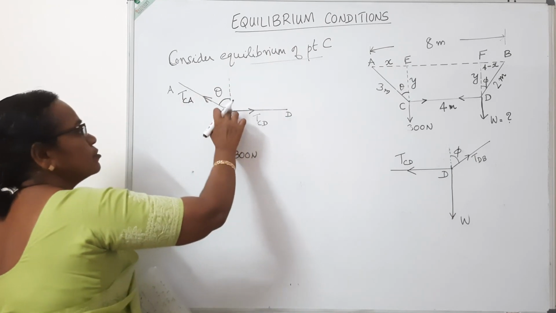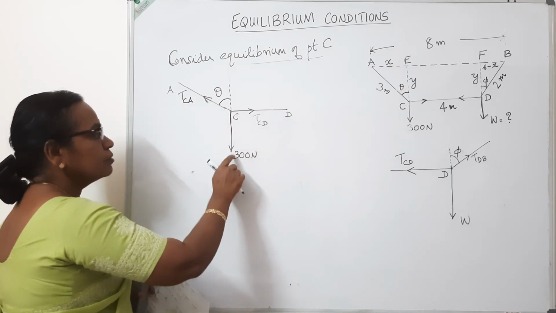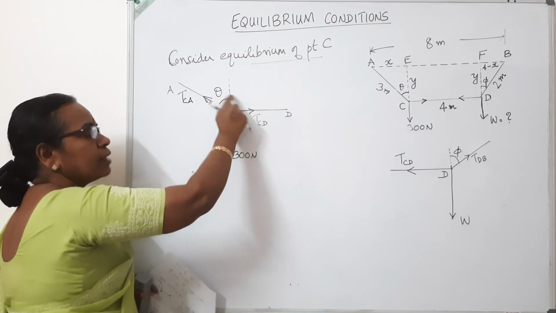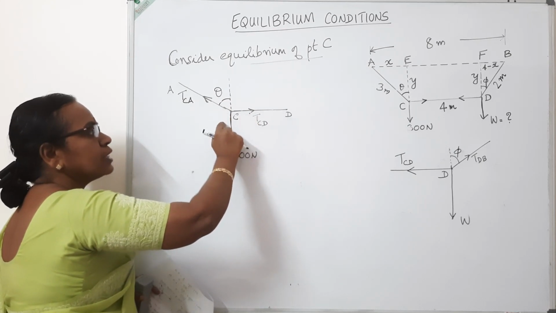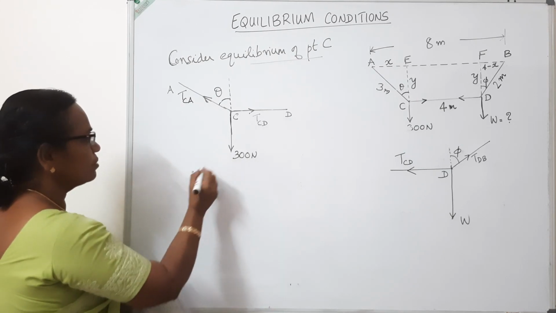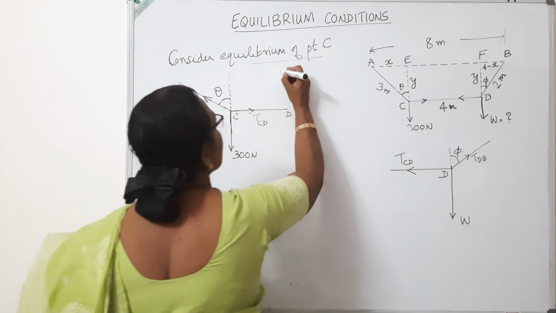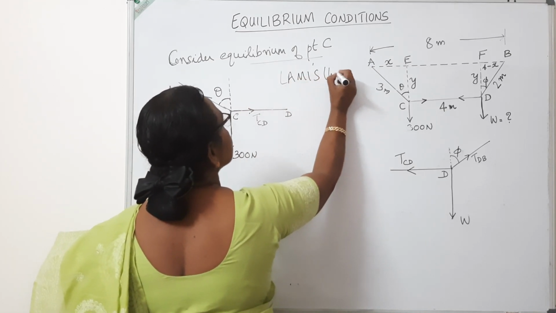These are the three forces acting at joint C. What is Lami's theorem? Force divided by the sine of the angle between the other two. F1 by the sine of the angle between the other two is equal to TCD by the sine of the angle between the other two, like that. So we are going to do this example by applying Lami's theorem.